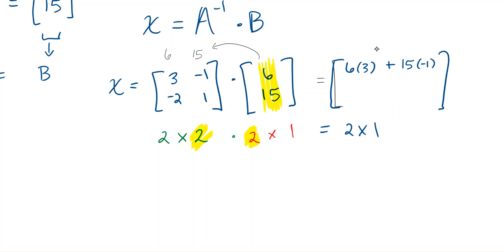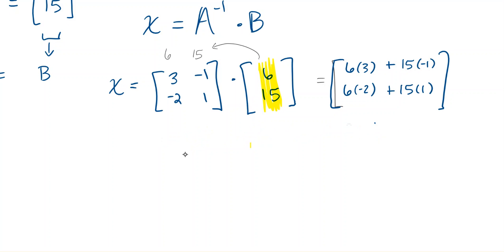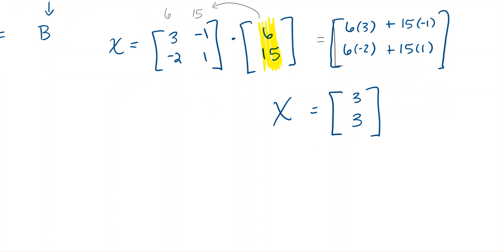First row, first column, and then we would take this column and multiply it by the remaining row of the matrix, so we would get 6 times negative 2 plus 15 times 1. All that's left to do is then simplify this, and we get that the variable matrix X equals 3, 3.